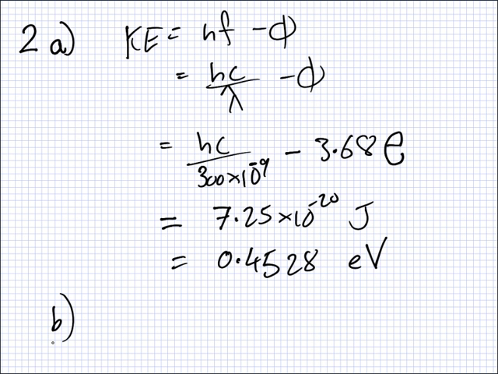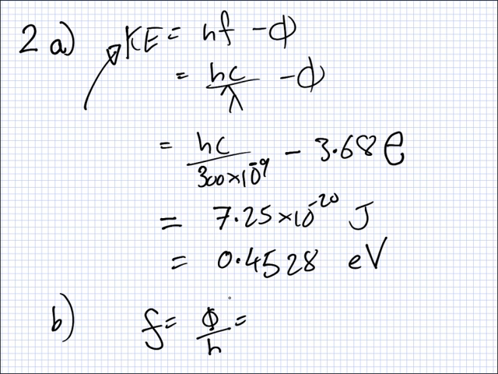Okay. B. What is the threshold frequency? So remember, the threshold frequency is the frequency that gives 0 kinetic energy. So if you look at this formula, if you have 0 kinetic energy, then what's the frequency? It would be work function over h.